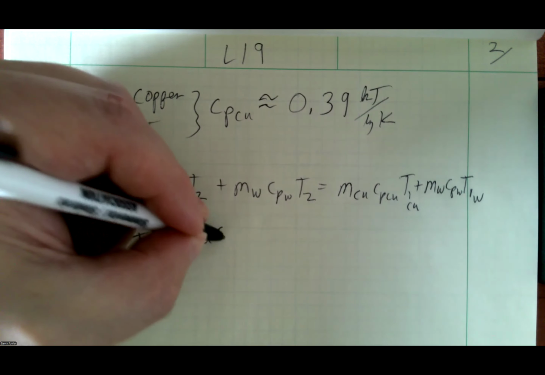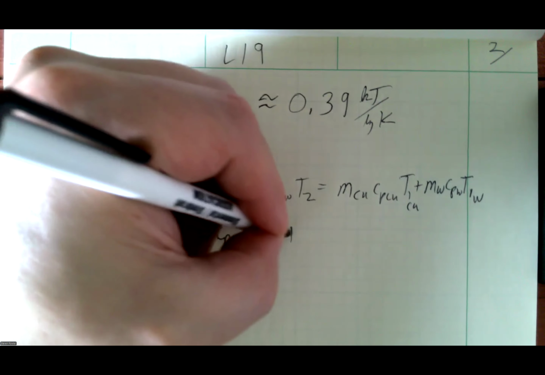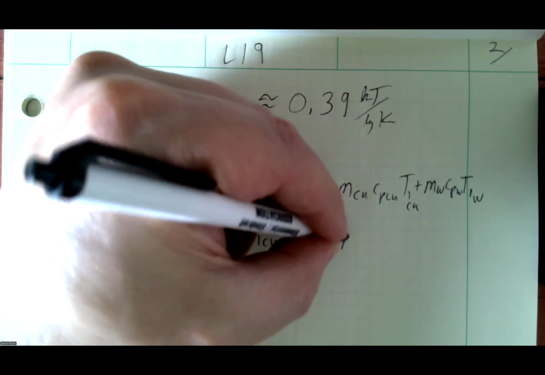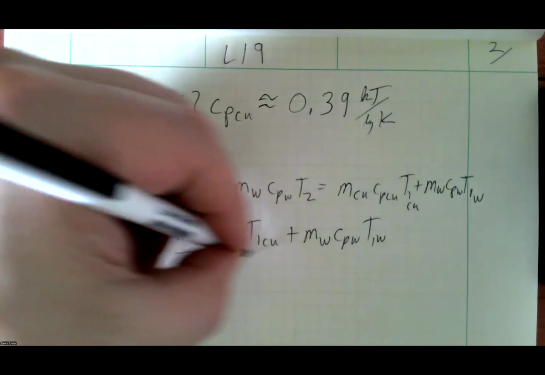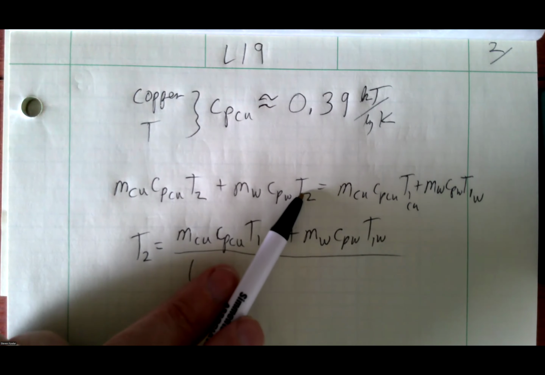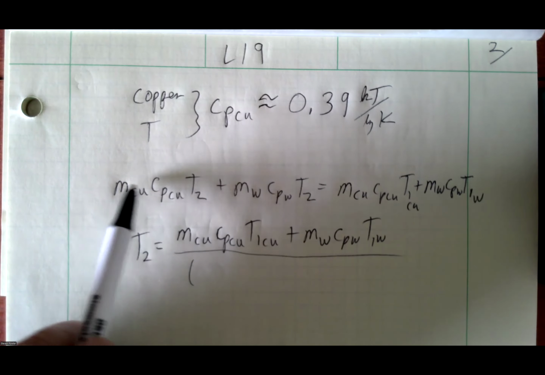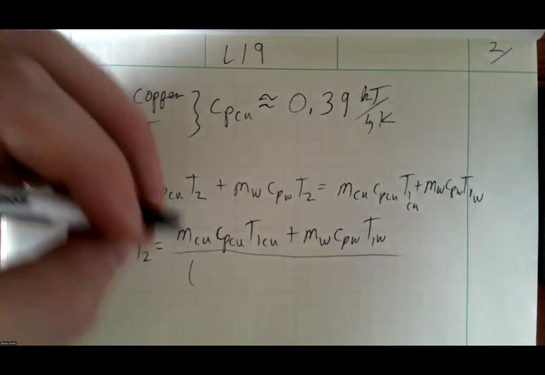T2 = (m_Cu C_p,Cu T1,Cu + m_W C_p,W T1,W) divided by the sum, because I've got two different things multiplied by T2. I've got to factor that out.